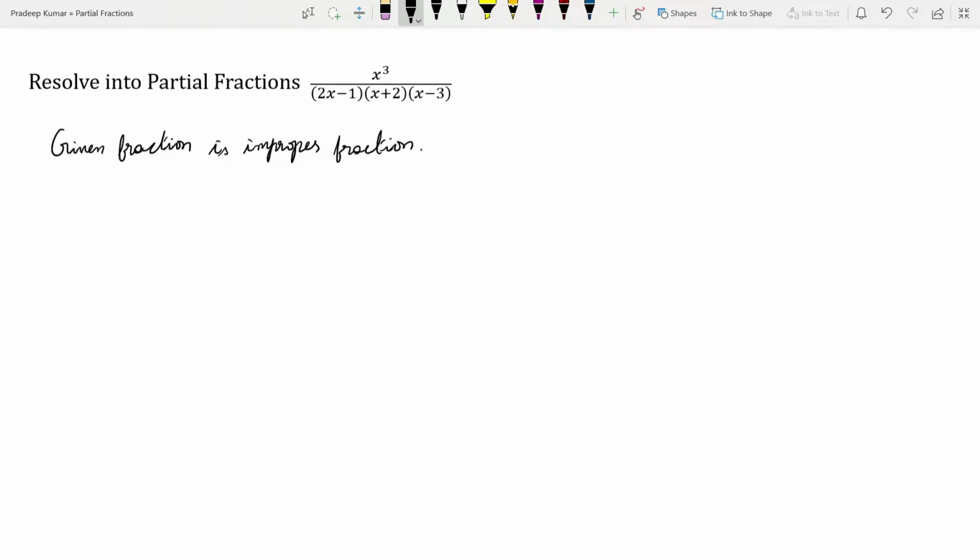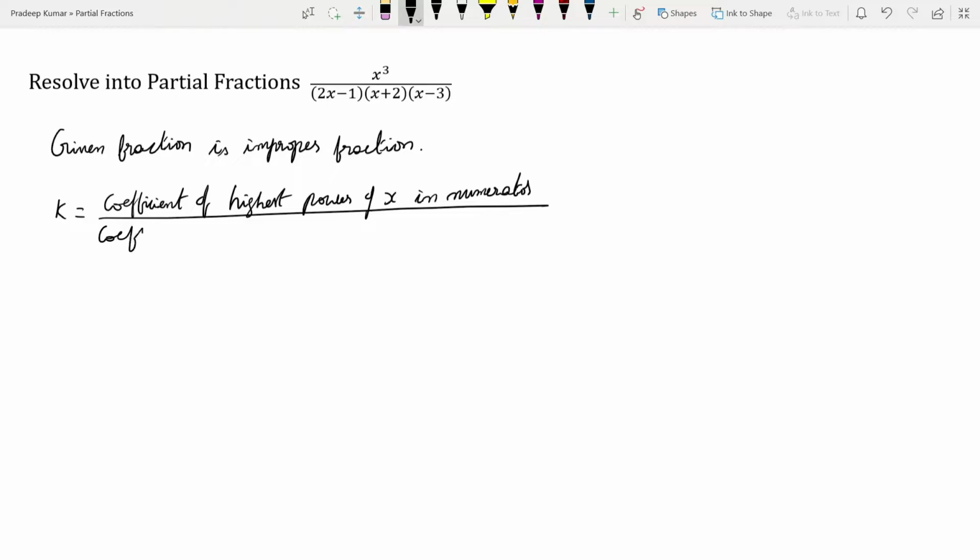As the coefficient is higher in the denominator, we have one particular thing to do. I'll write here, k equal to coefficient of highest power of x in numerator divided by coefficient of highest power of x in denominator.